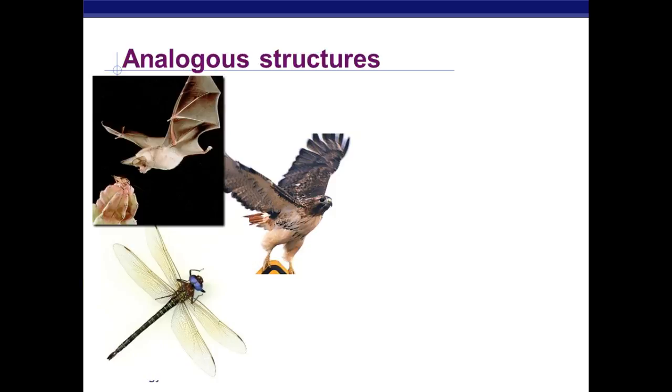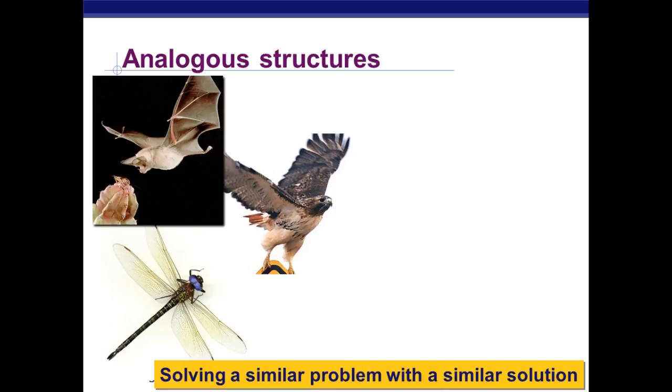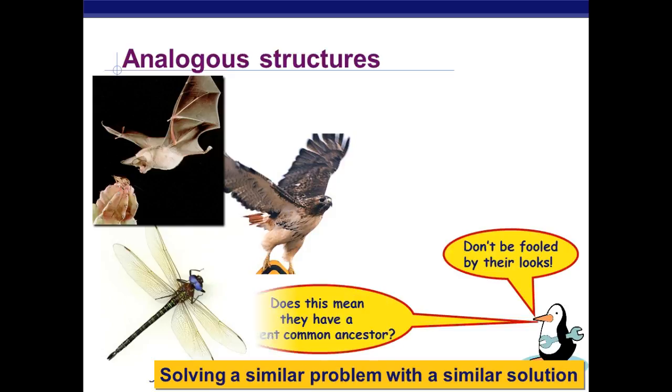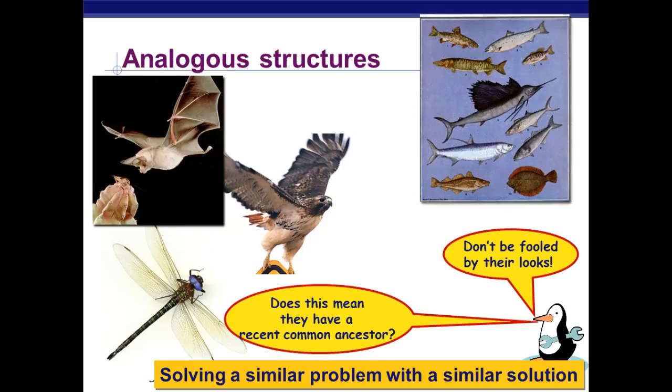Now, analogous structures are also evidence of evolution, but not from a common ancestor. We have here a bat, a hawk, and a dragonfly. All three are flying creatures. They all use wings to fly. So they are solving a similar problem with a similar solution. But you can't be fooled by their looks.